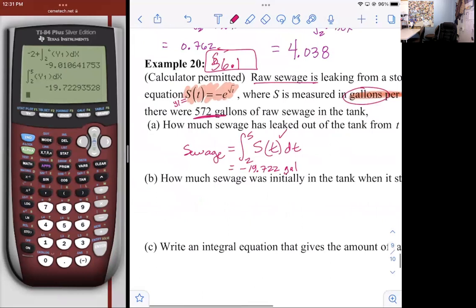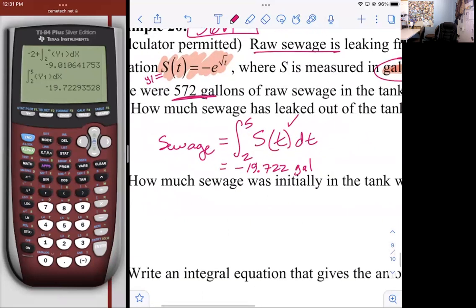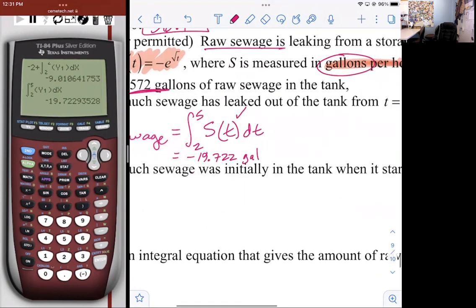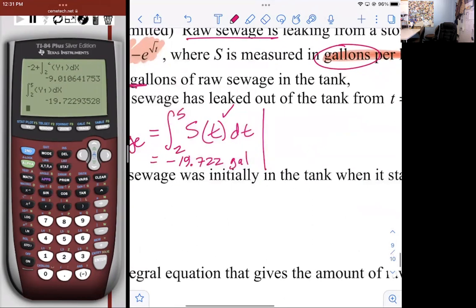And now I want to answer the question. So what does the negative mean? The negative means that the sewage was decreasing, right? I lost sewage. The net change was negative. So if it asks you how much sewage leaked out, you don't want to leave that as your final. It's the positive value.